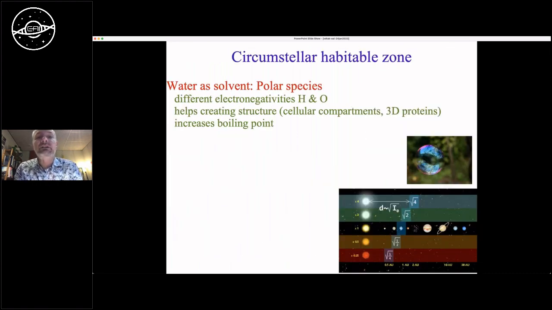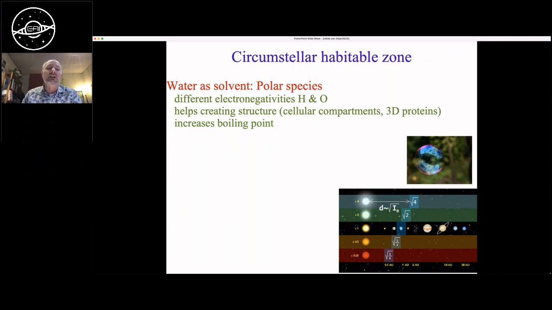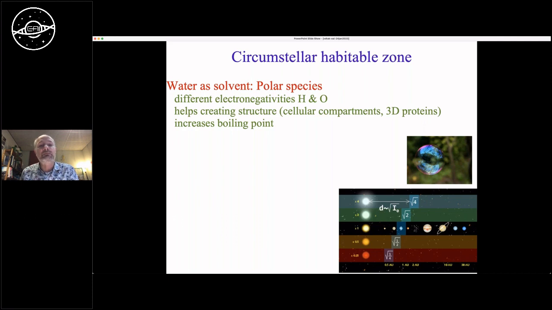So this idea that we need a liquid for life leads to the concept of a circumstellar habitable zone. On Earth, this liquid is water, and water is very good as a liquid because it is a polar species, right? So there's a positive and a negative side to the water molecule, and this helps in creating structure in solutions.